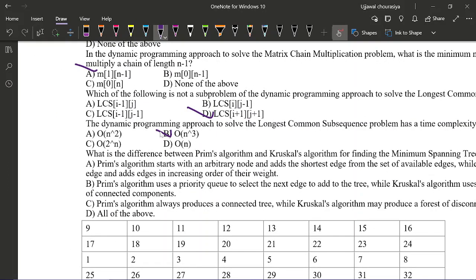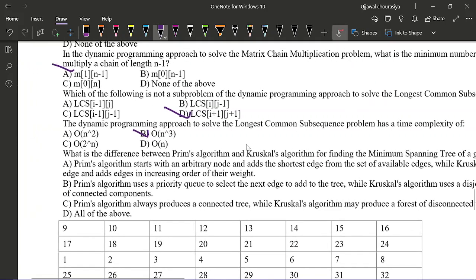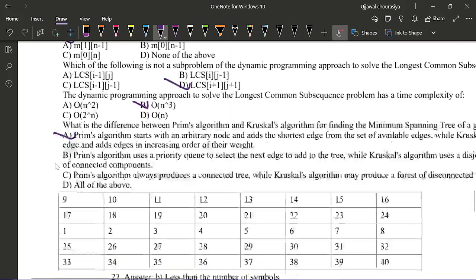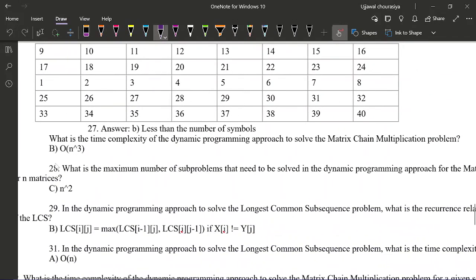What is the difference between Prim's algorithm and Kruskal algorithm for finding the minimum spanning tree of a graph? Prim's algorithm starts with an arbitrary node and adds the shortest available edge. Answer A. What is the time complexity of the dynamic programming approach to solve matrix chain multiplication?